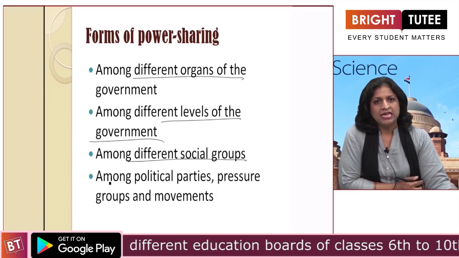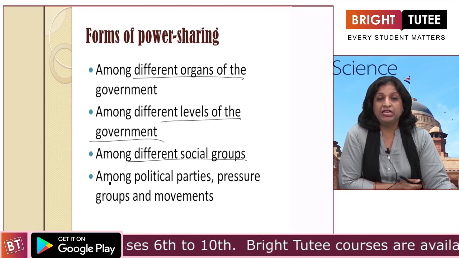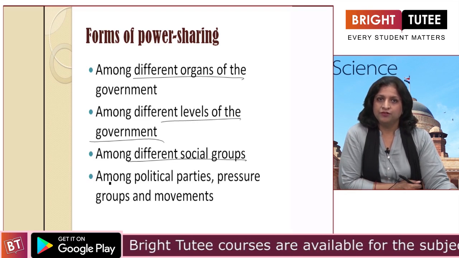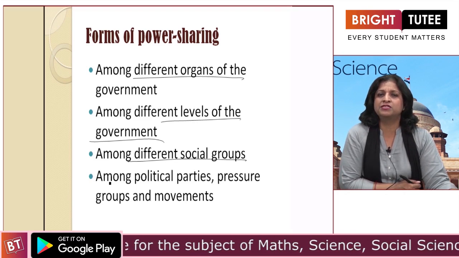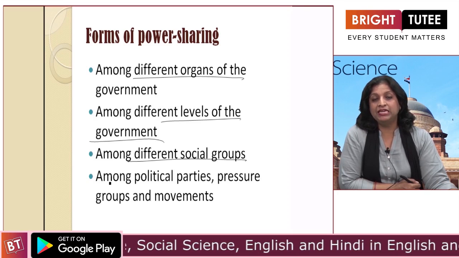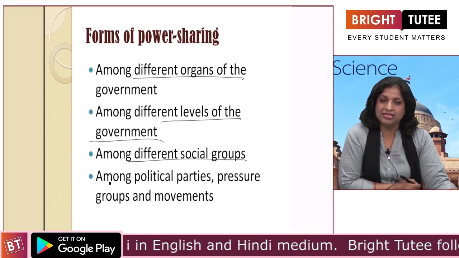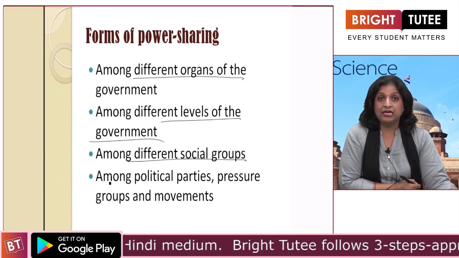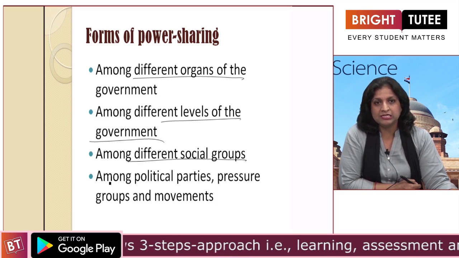Third, among different social groups. You remember Belgium's community government, in which we included the Dutch, the French, and even 1% Germans also. It means all the groups have been given power sharing. And one more example, in India, we have a concept of reserved constituencies.